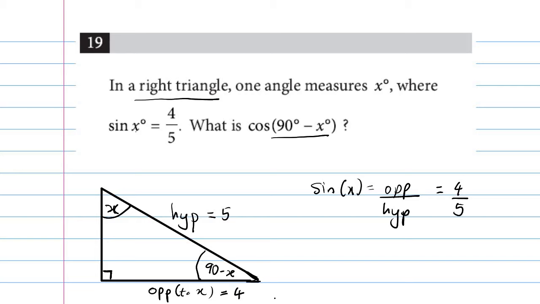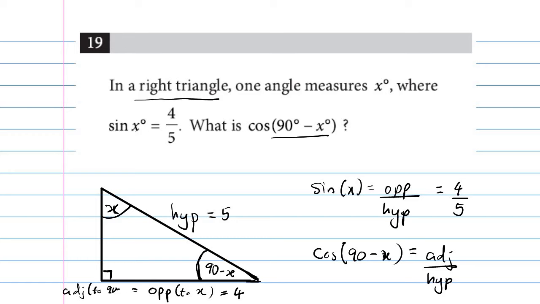Good. Now they want us to find cosine of 90 minus x. Okay. So that comes from adjacent over hypotenuse. Remember that the adjacent is not something fixed, it's relative to the angle. So you see that for this 90 minus x angle, the adjacent side is exactly this.